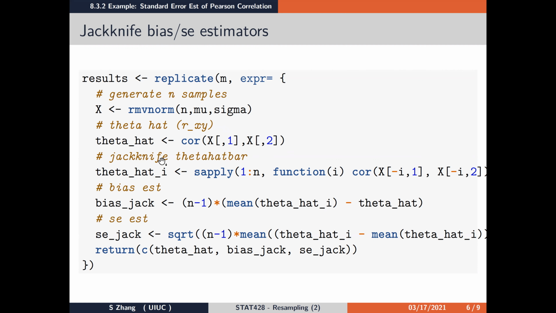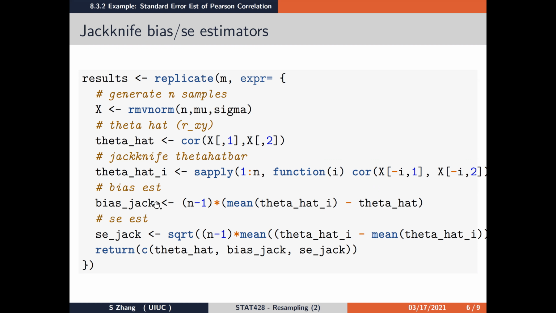The Jackknife leave one out estimates, which we denote by theta hat i over here, will be the correlation computed with the i-th sample left out. So for each i between 1 through n, this is the correlation between the first column of x, leaving out the i-th entry, and the second column of x, leaving out the i-th entry.